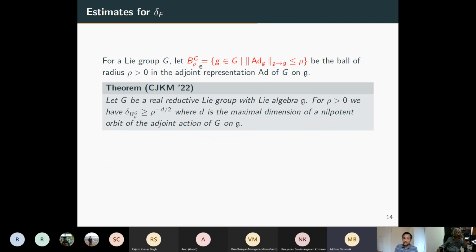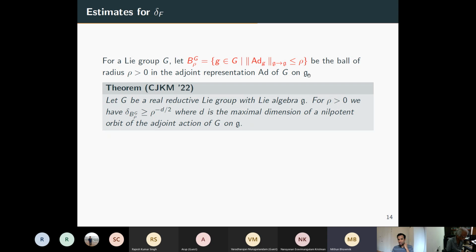If you look at a ball of radius rho in the adjoint representation, so any element of the group determines a linear map on the Lie algebra, which takes x to gxg inverse, right? This defines the adjoint representation, and you look at what the norm of this as a linear operator is.